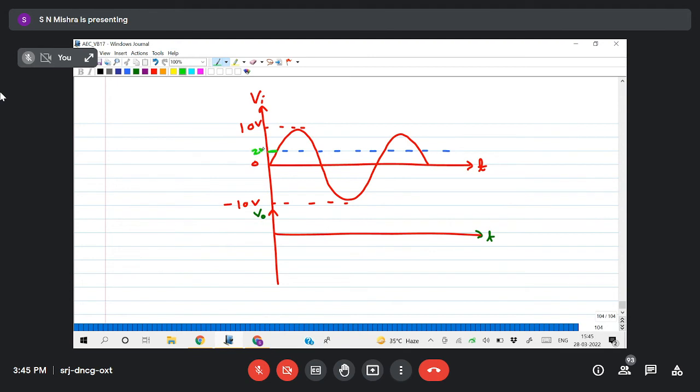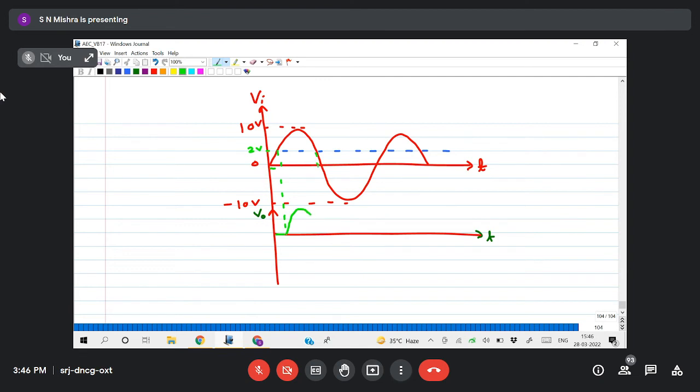This is the 2 volt line. So whenever my input voltage is less than this region, output voltage is 0. Okay, this is my line. Now whenever it is more than 2 volt, that means after this, my output voltage is changing with the input voltage.